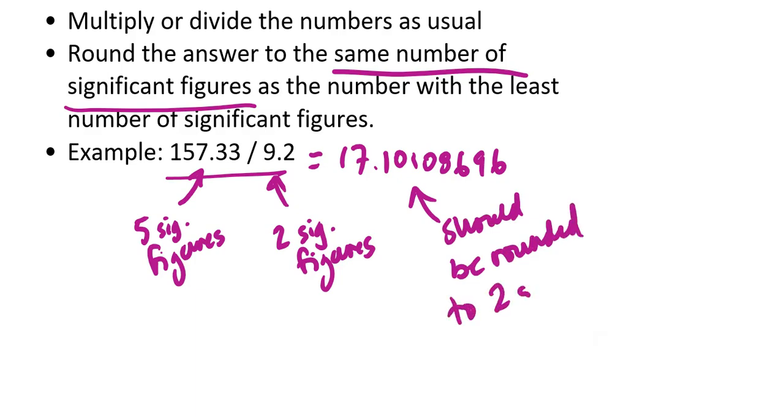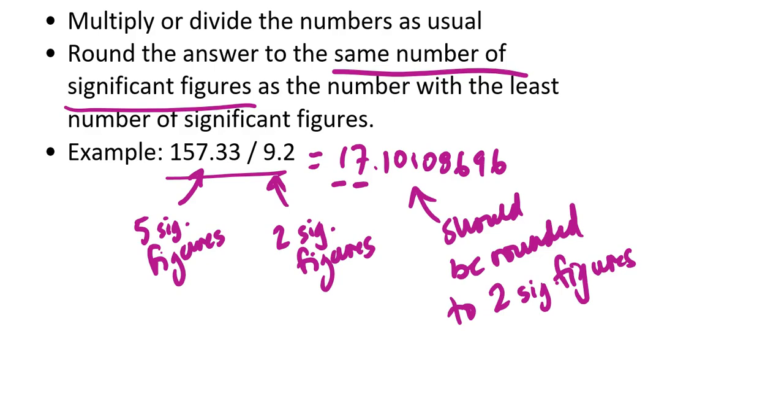So that means that my answer should be rounded to 2 significant figures. So looking at the number 17, basically I want to stop reporting the number there because 1 and 7 are both non-zero digits. So that means they're each significant. So that means where the 7 is, the 1's place in the number, that should be where I stop rounding.